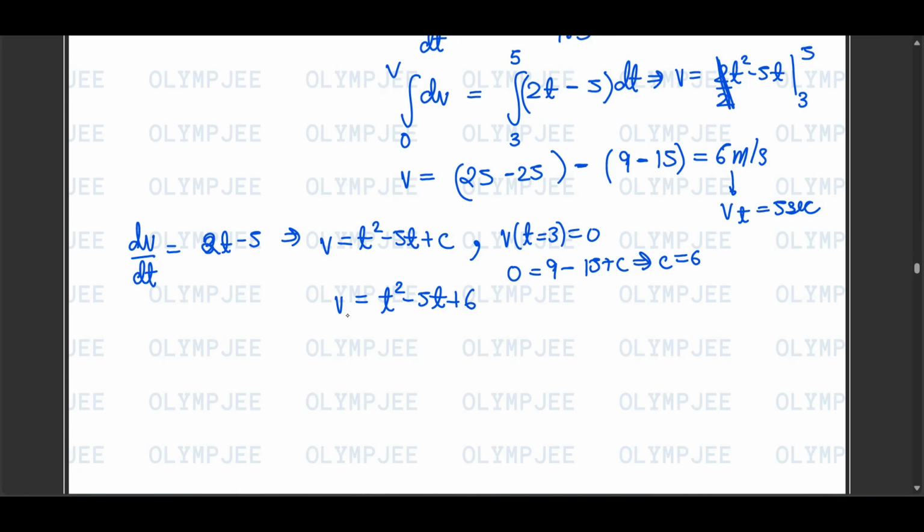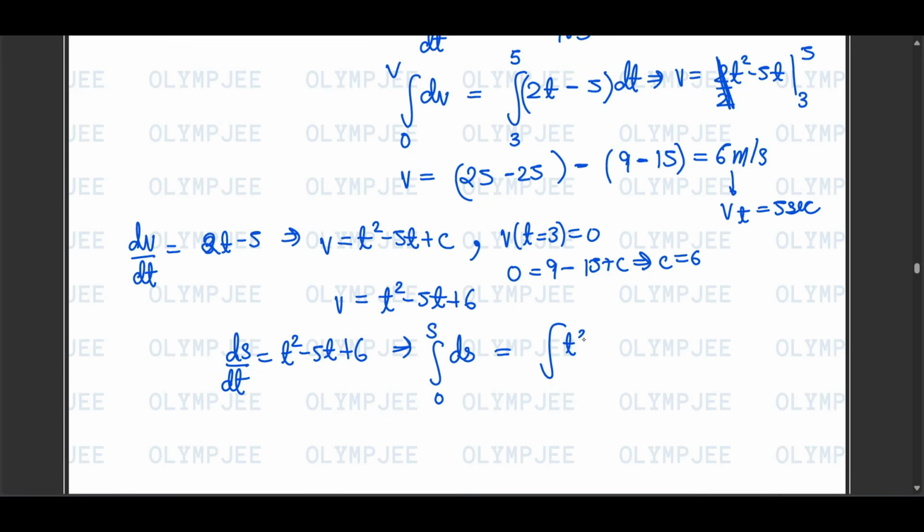So now we can write this velocity as ds by dt is equal to t square minus 5t plus 6. This will give us ds from, if we assume that the displacement at time t equal to 3 seconds is 0 and at time t equal to 5 seconds it is s.